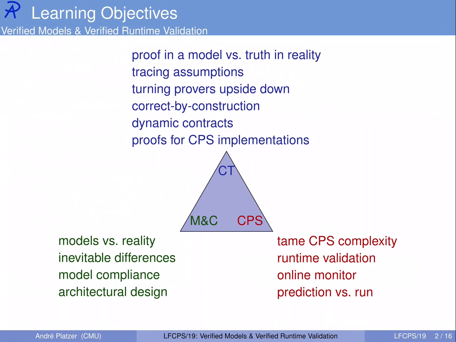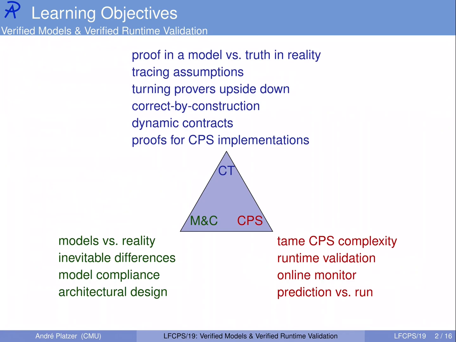On the CPS skill side, this lecture is of fundamental importance in order to make it possible to tame the CPS complexity, because it provides ways of isolating the safety-critical parts of the system and not have to worry about the rest, yet still have a very disciplined argument about the overall working principles of the system, so that you can simplify models without losing the connection to real CPSs, which is a very beneficial aspect.